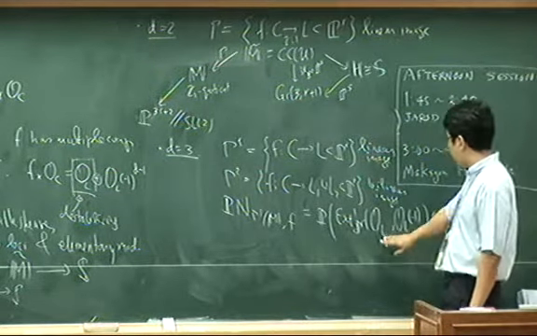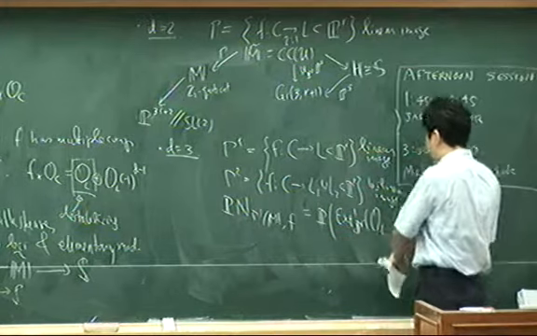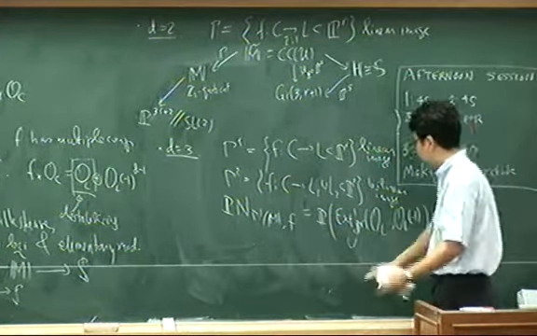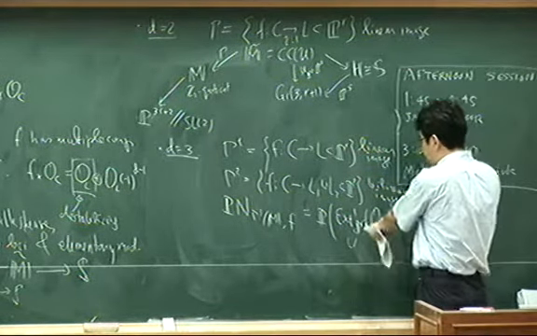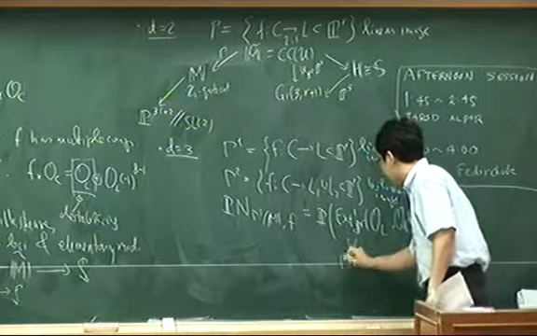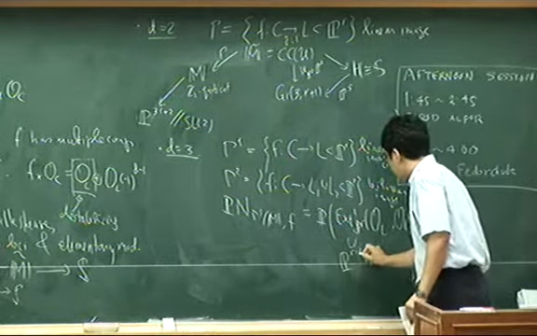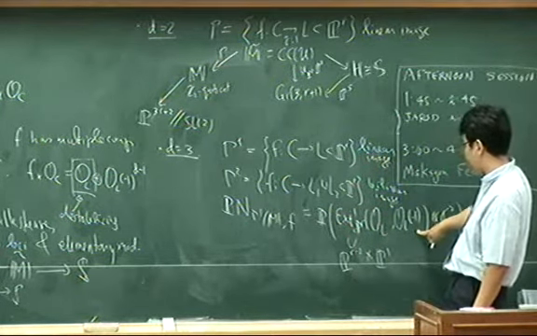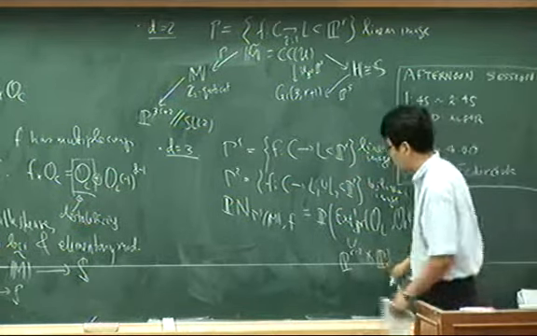And then inside here, you have two extension classes of O_L by O_L(-1). Inside here, you have a locus of rank 1. Okay, two choices of extension classes which are linearly dependent. So that's just P^(r-2) cross P^1. This is a vector space of dimension r minus 1, and this is C^2, so you get the projectivization of this.